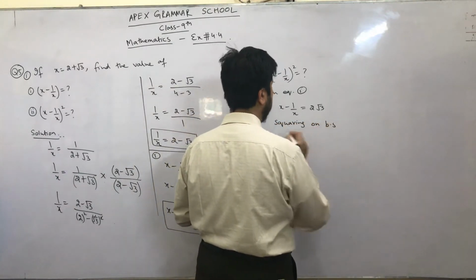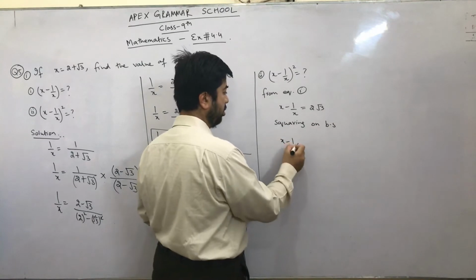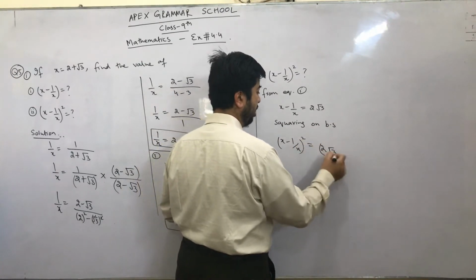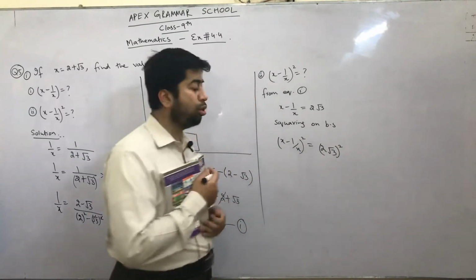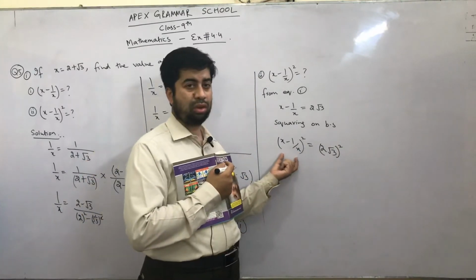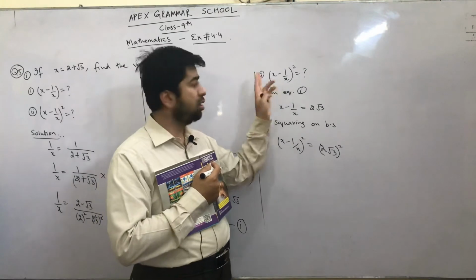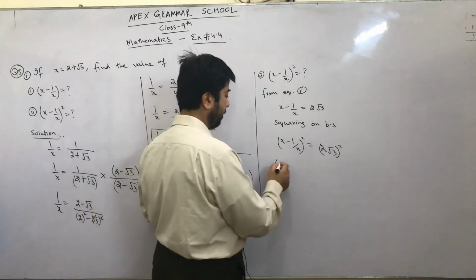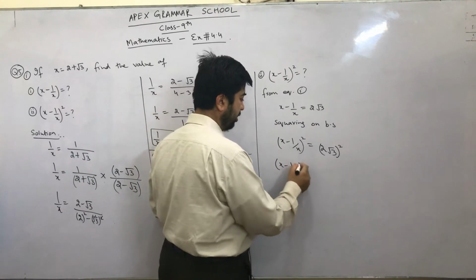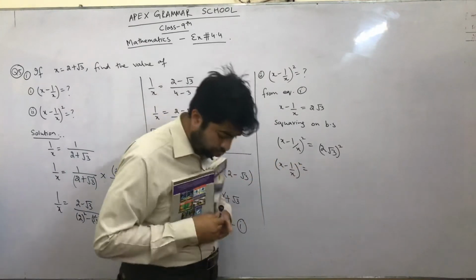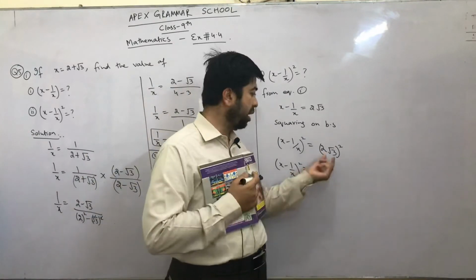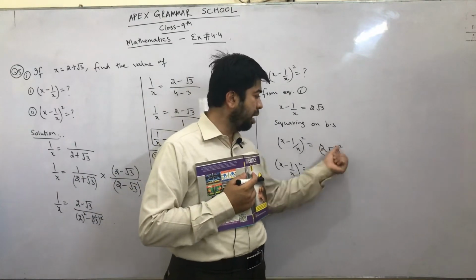After applying the square on the left hand side and also on the right hand side, you don't need to open the left side because it only requires the whole square value. Now you can see that this 2 and this square root 3 are multiplying with each other, and the power is combined here.